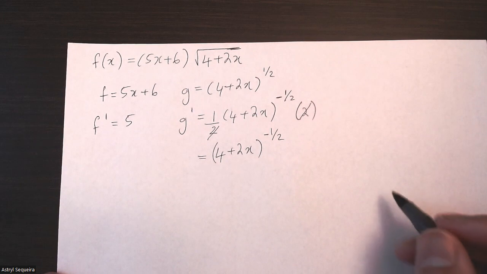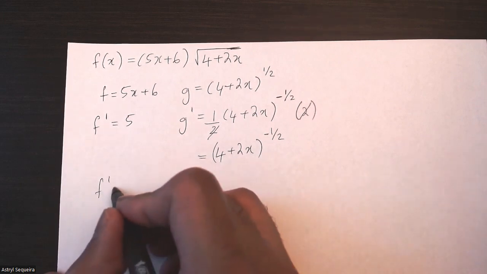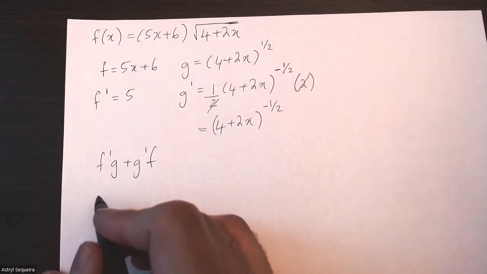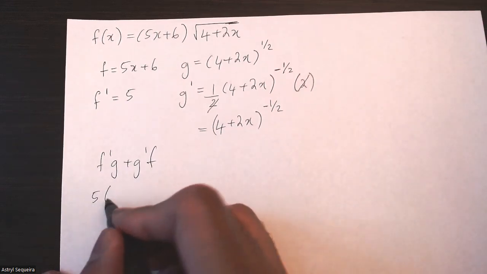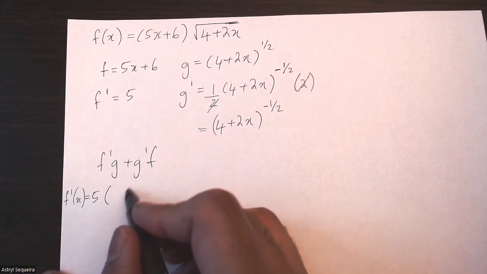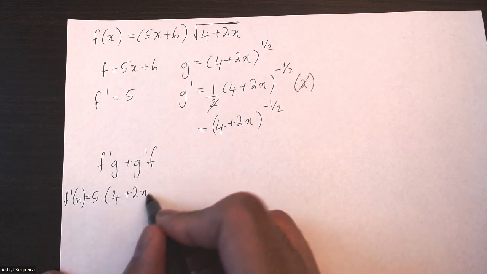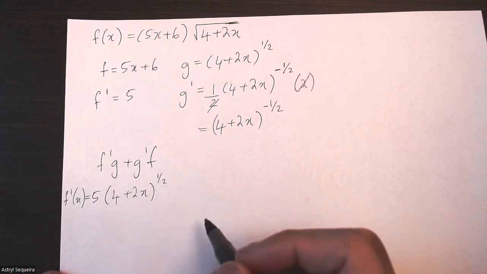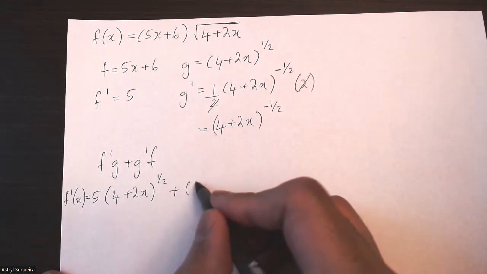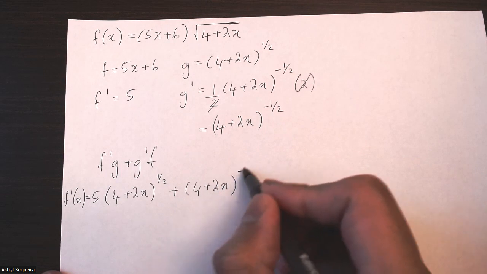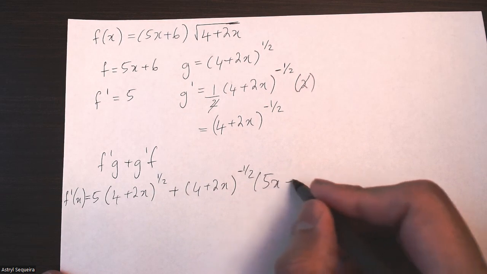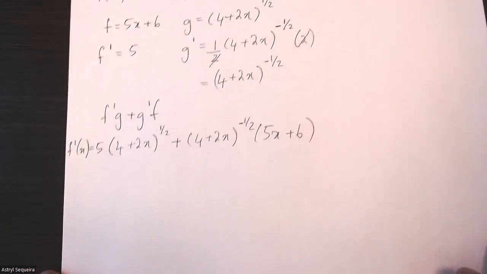So now I'll put in my product rule equation, which is just f prime g plus g prime f. So f prime is just 5 and g, f prime x equals, g is 4 plus 2x to the power of 1 over 2, plus g prime is 4 plus 2x to the negative 1 over 2 times f, which is 5x plus 6.